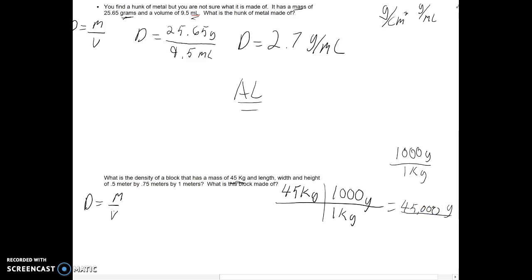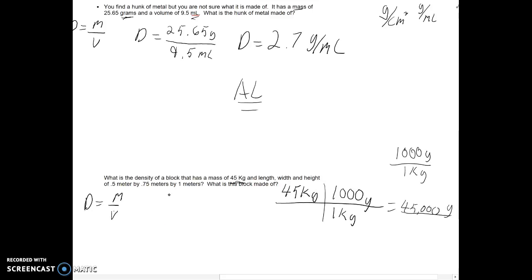All right, so now I have to deal with my volume. And again, I need centimeters cubed. If you know the conversion factor for meters cubed to centimeters cubed, you can multiply these things out and get meters cubed and then convert. But we don't have that conversion factor memorized. So I'm going to convert these lengths into centimeters first.